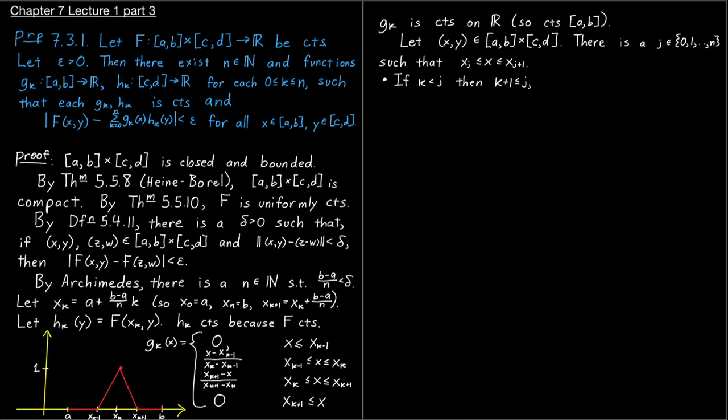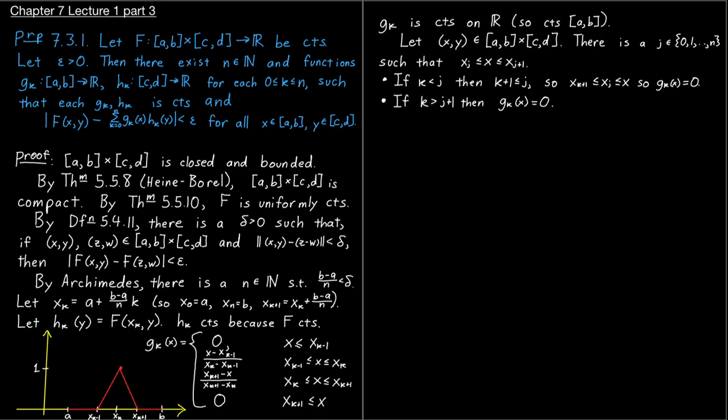And so because the x_k's are an increasing sequence, we have that x_{k+1} is less than or equal to x_j is less than or equal to x. So g_k of x, look at your definition of g_k, it's 0. And pretty much the same argument: if k is bigger than j plus 1, then g_k of x is equal to 0.